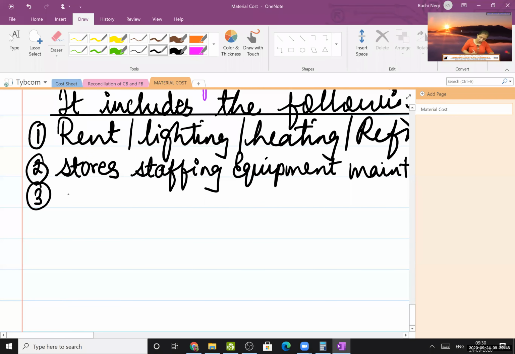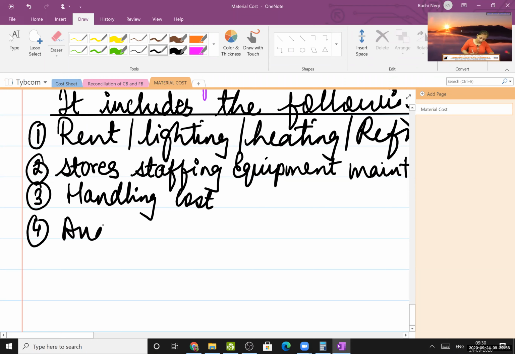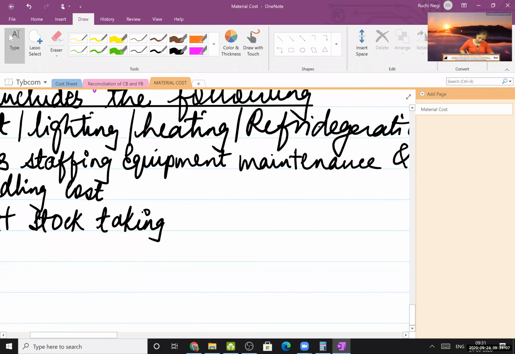Then handling cost, then audit, stock taking meaning stock counting, that is stock counting or stock audit.